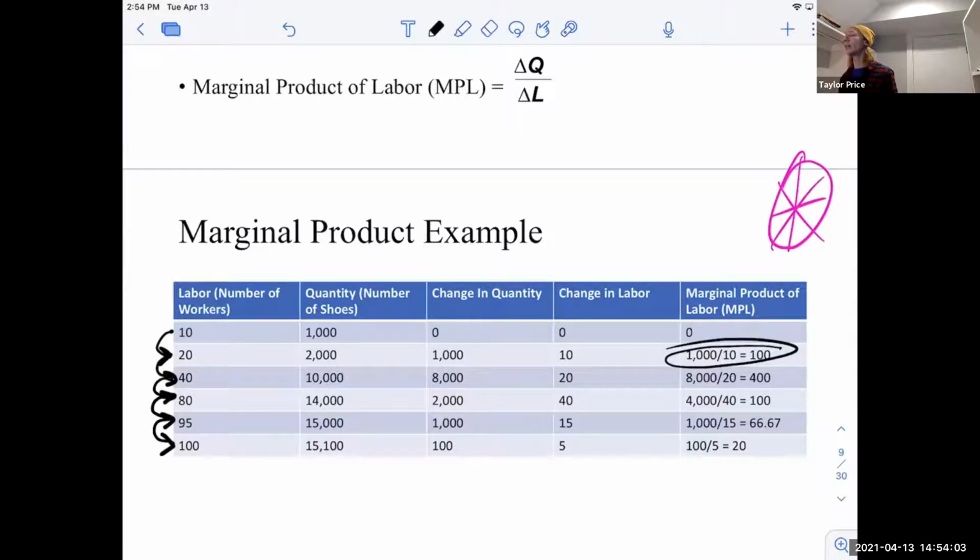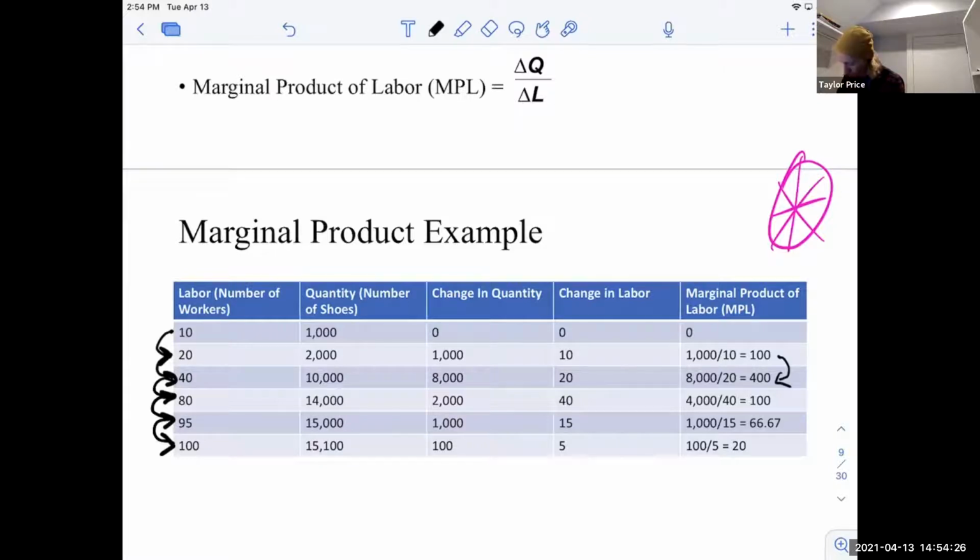Notice here that originally you do have some increasing marginal product of labor, because moving from 100 to 400, that's actually giving you more when you add workers. But at a certain point, we're actually going to get less.